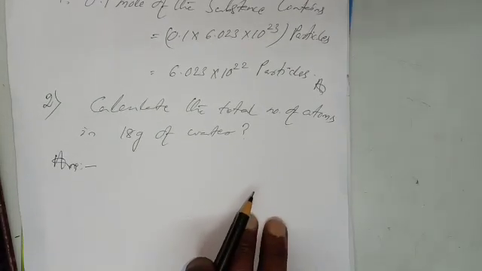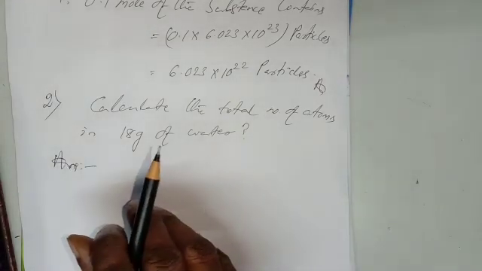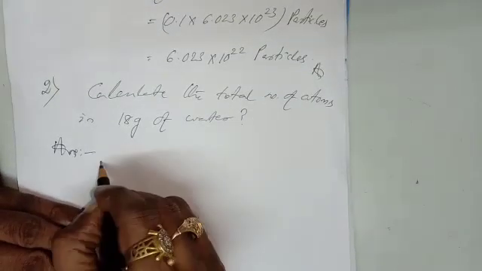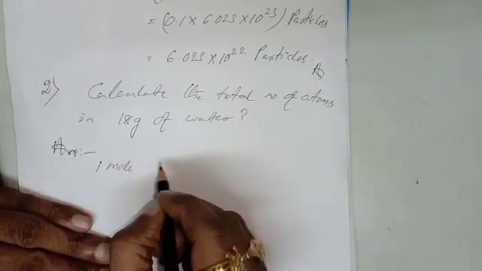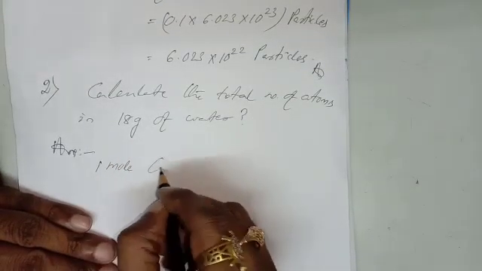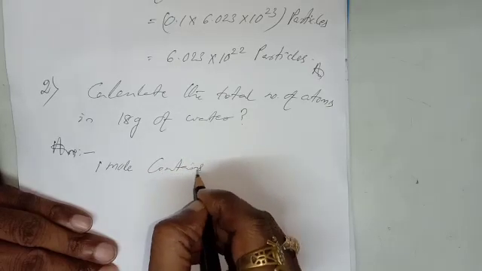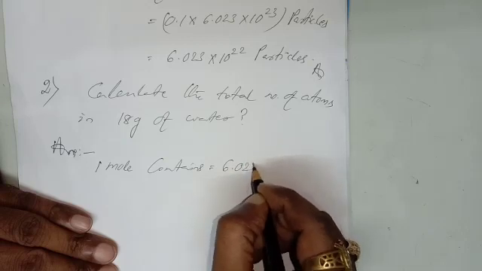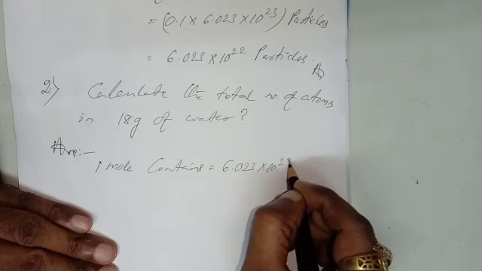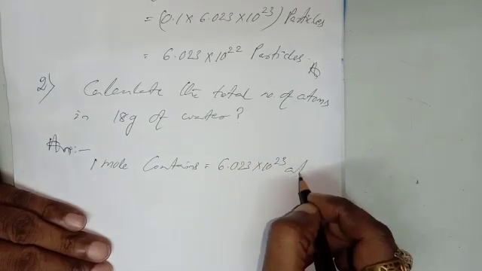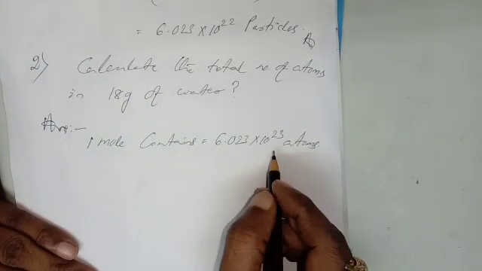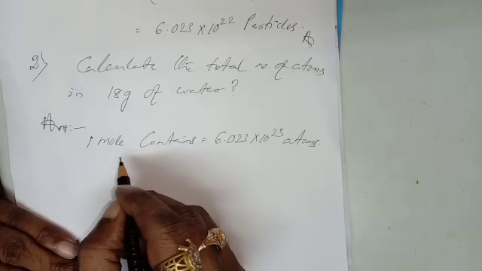First of all, you know, 1 mole contains how many atoms? That is Avogadro number, 6.023 into 10 to the power 23 number of atoms. 1 mole means this much number of atoms. First make it clear.